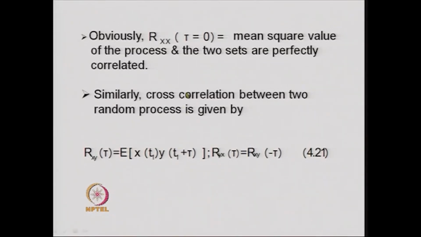In this fashion, we can also define the cross correlation between two random processes. Say x is a random process and y is another random process, then we call Rxy(tau) the cross correlation function between x and y over a time separation which is called tau. One can define Rxy(tau) in the same fashion that we have done for Rxx(tau).